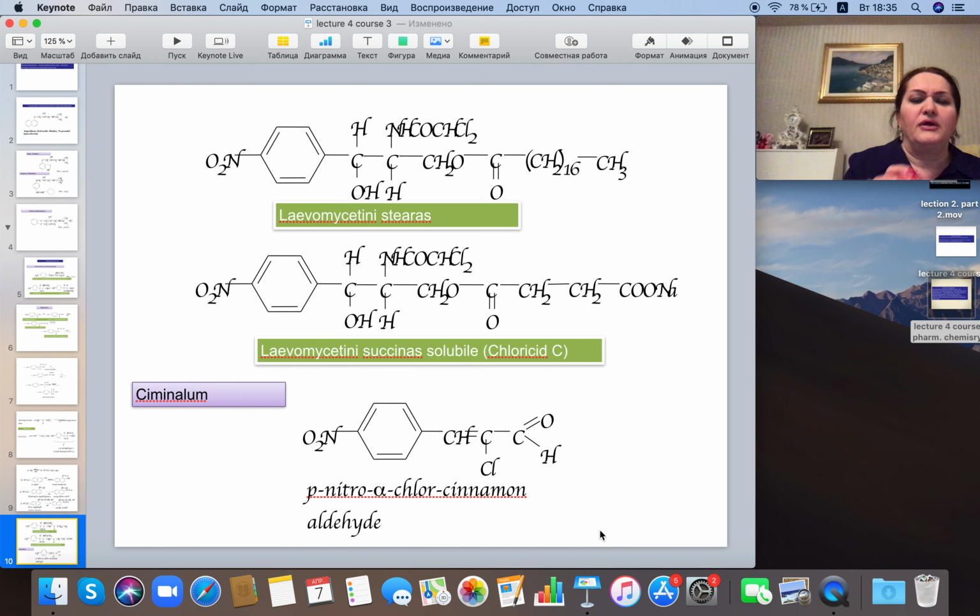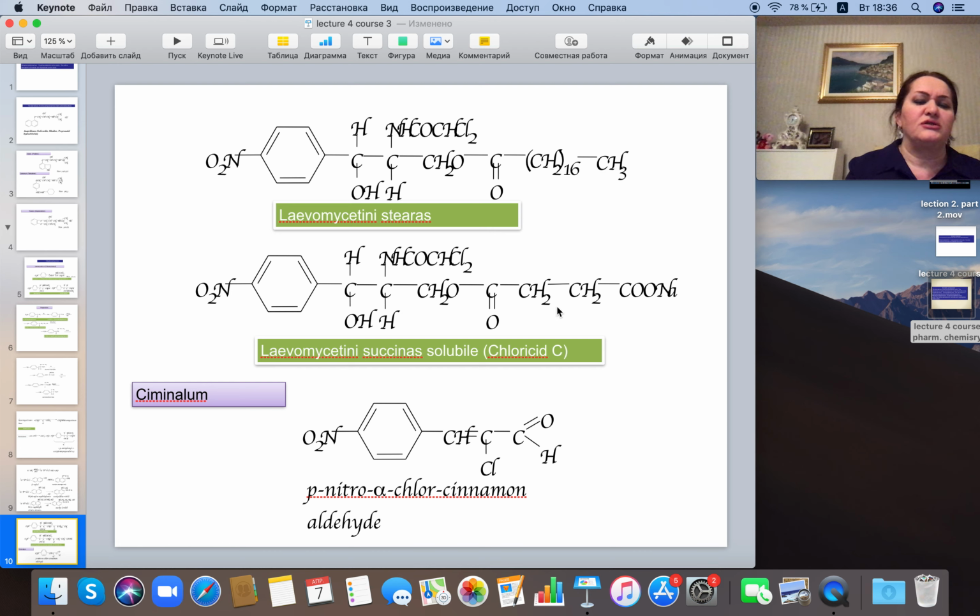And except levomycetin, we use levomycetin stearate, and you can see this structure with a 16-carbon radical, and levomycetin palmitate, in palmitate a 14-carbon radical, and levomycetin succinate soluble, or chloramphenicol C. Levomycetin succinate is soluble in water.